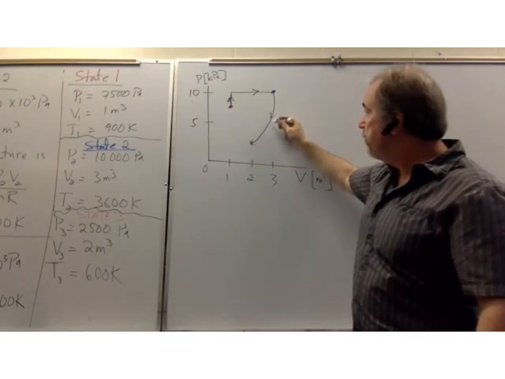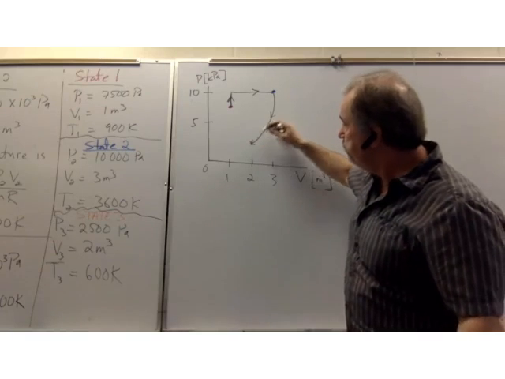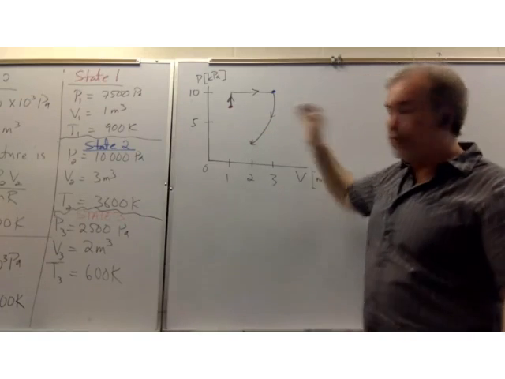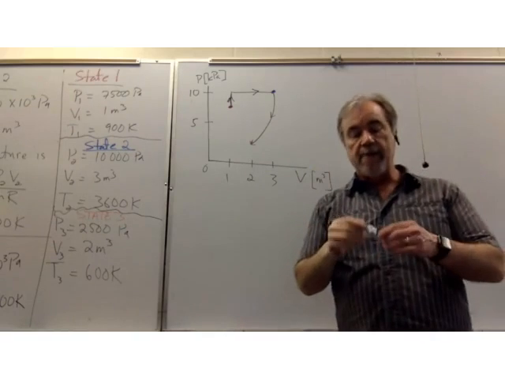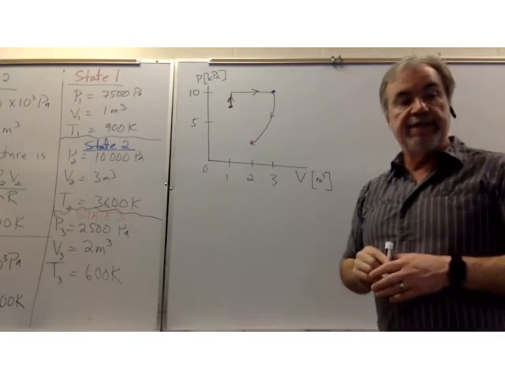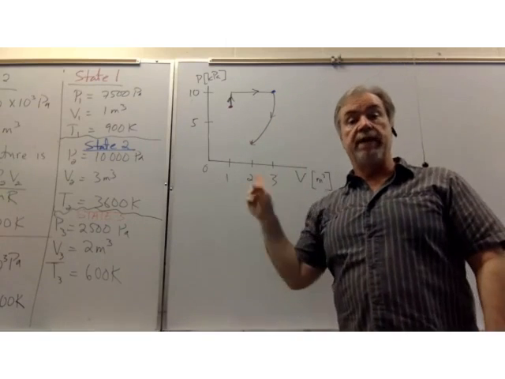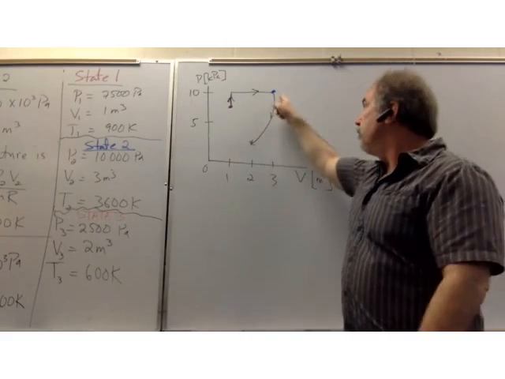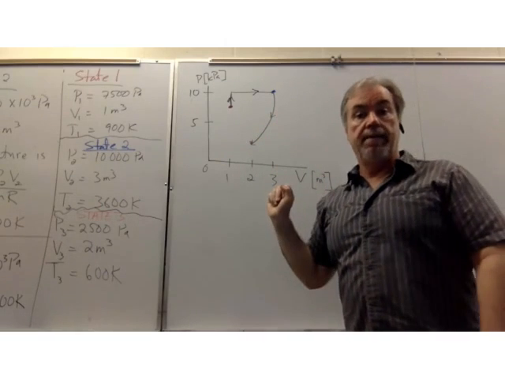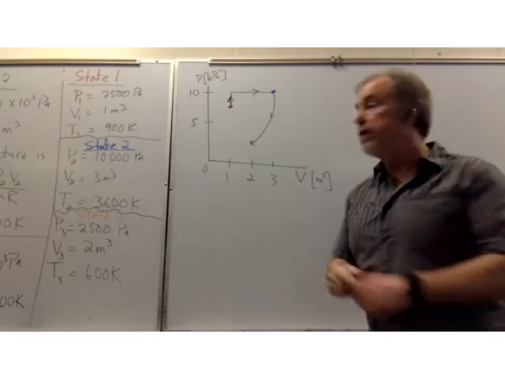So my pressure is going to drop fast, my volume is going to change kind of slowly, but I'll get there in the end. But both the pressure and the volume are changing at the same time, and the clever bit here is doing this in such a way that the temperature remains constant over the entire change of state from state 2 to state 3.